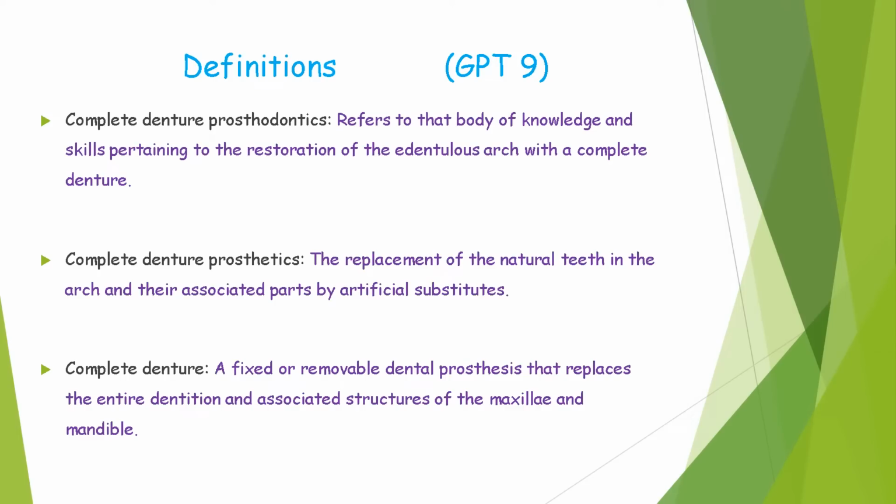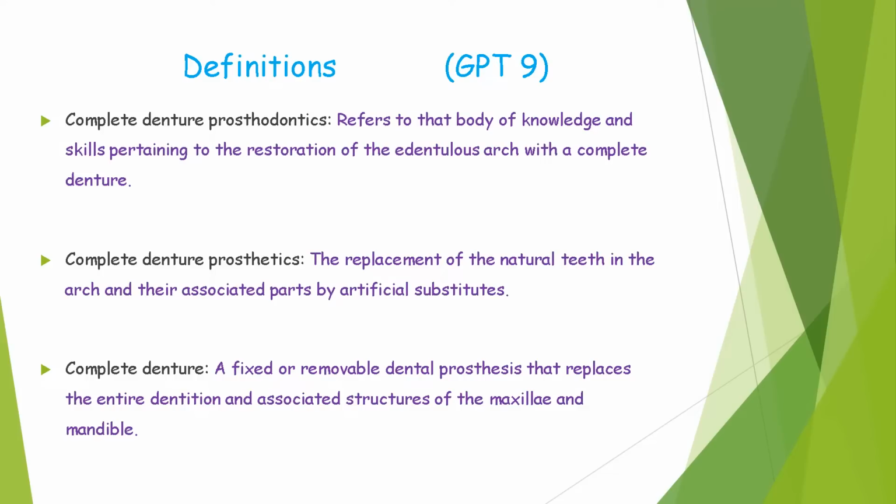First of all, let's go through some of the definitions. Complete denture prosthodontics, according to GPT-9, is referred to as the body of knowledge and skills pertaining to the restoration of the edentulous arch with a complete denture.